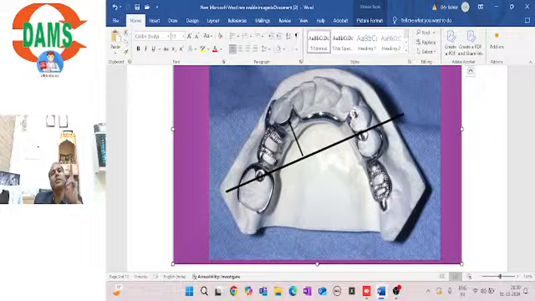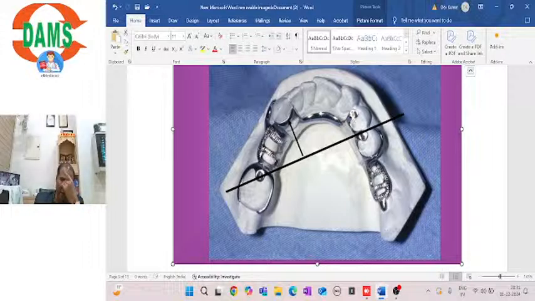Class 2 lever, load will be in between, and effort will be in between in Kennedy's class 3 lever, right? Class 3 lever. Okay, so always remember that the class 1 lever is always deleterious. Always try to change your class 1 to class 2.